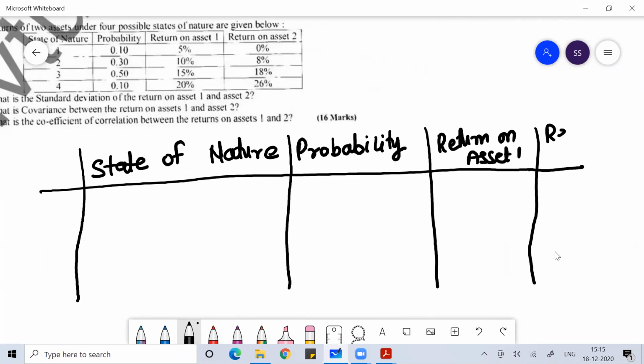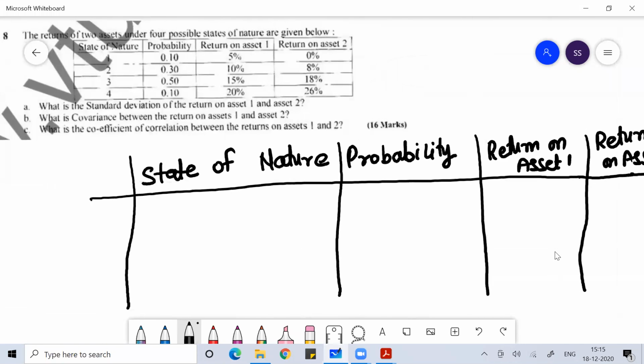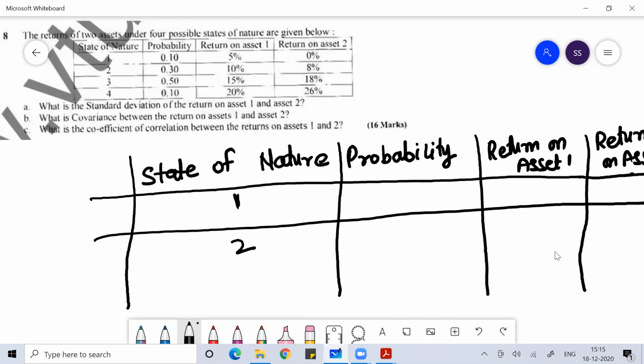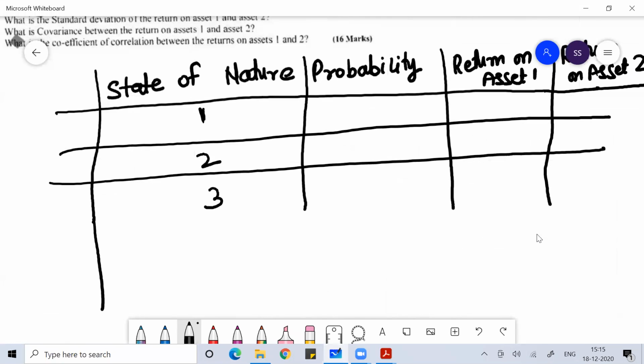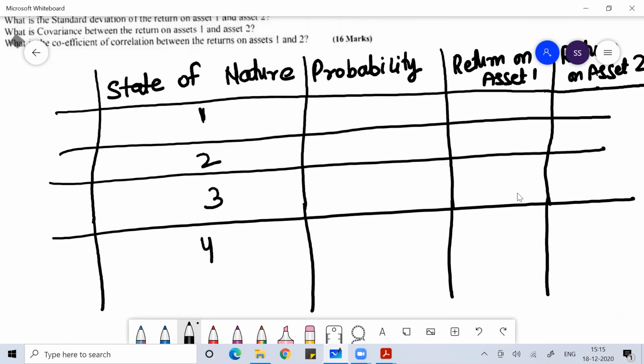The states of economy are 1, 2, 3, and 4.